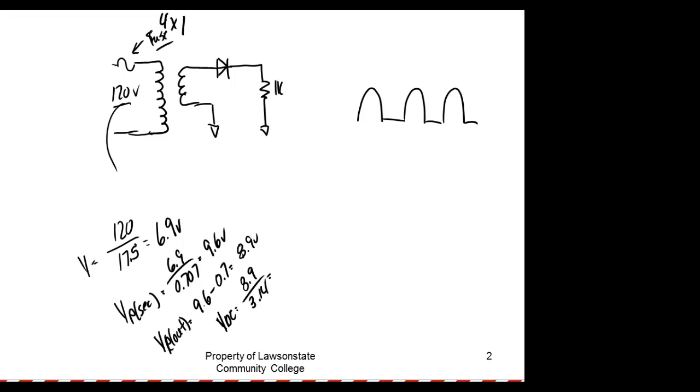So what does that give us? This is what we're getting out of this thing. Over here we're dealing with AC. Down here, what do we get out of it? DC. And what do we get, Brandon? 2.9 volts.